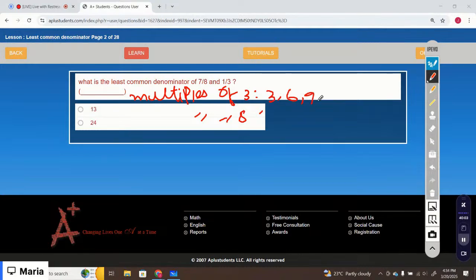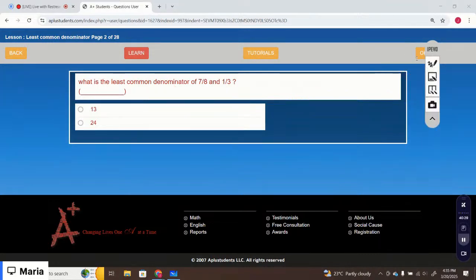That is 3, 6, 9, 12, 15, 18, 21, and 24. 8 times 2 is 16. 8 times 3 is 24. 8 times 5 is 40. So the smallest common number is 24. Got it? So the correct option is 24. Option number 2 is the correct option.